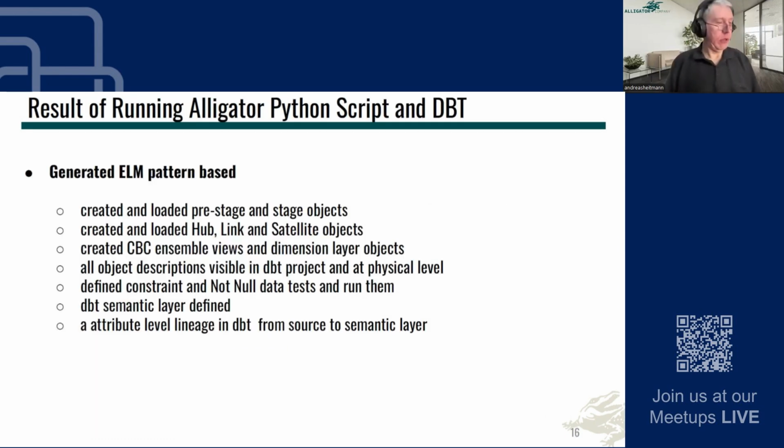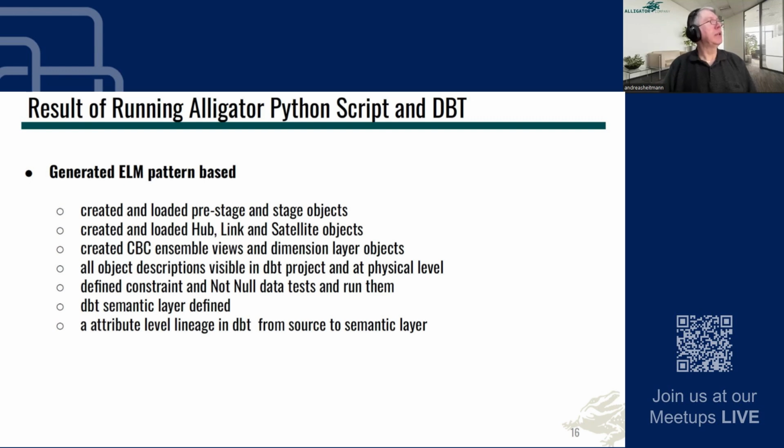Okay, I have to hurry up a little bit. Here are the major outcomes if you are running the Alligator Python script and DBT, and every Elm pattern that you defined then creates a pre-stage and the stage object. They are created and loaded.